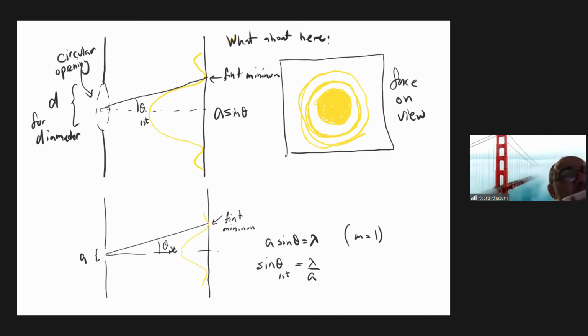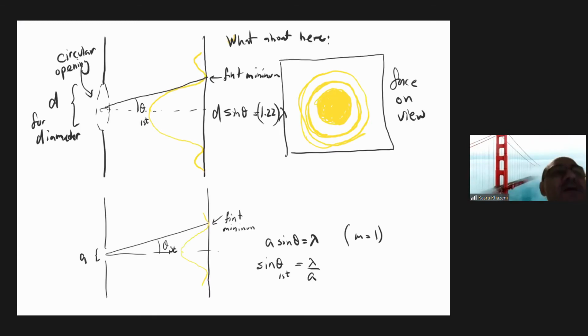So it's not exactly a sine theta equals lambda, but it turns out to be d sine theta equals 1.22 times lambda. So for a circular opening, the first zero is not the same as for a rectangular one. Even though they look the same, their numerical factors are different. Okay, so that's the location of the first minimum.